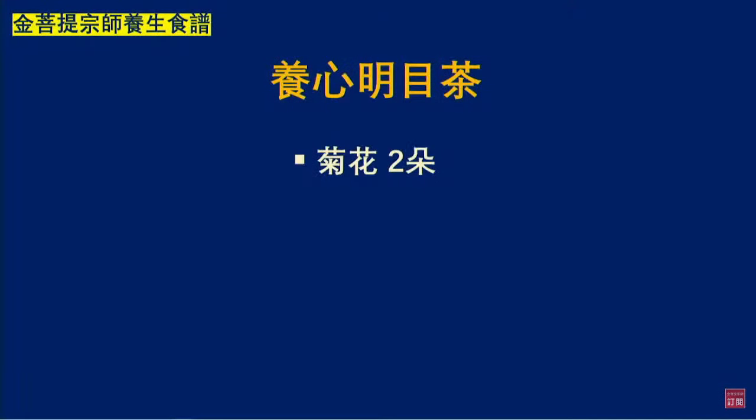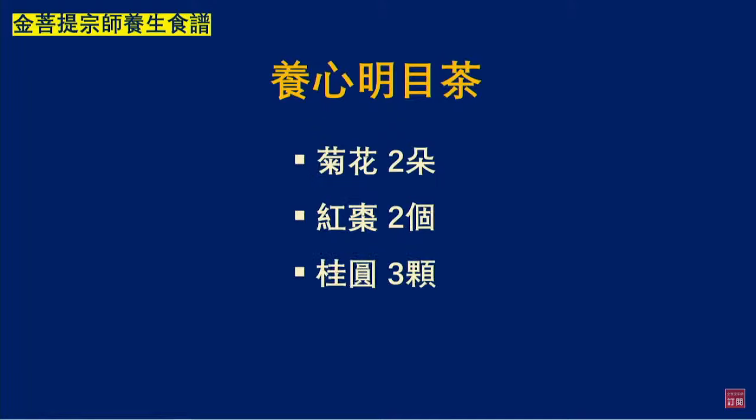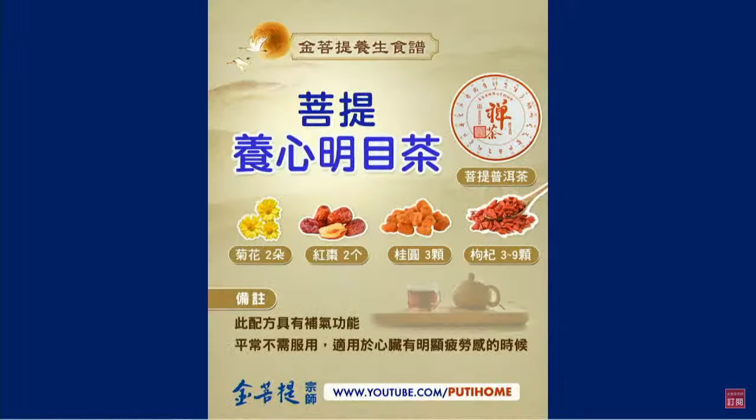We have two chrysanthemum flowers, 2 red dates, 2 longan, and 3 to 9 goji berries, depending on how weak you are, because this is for nurturing qi, plus pu'er tea. If you make this tea, it will help you feel full of qi and your eyes will be brighter.